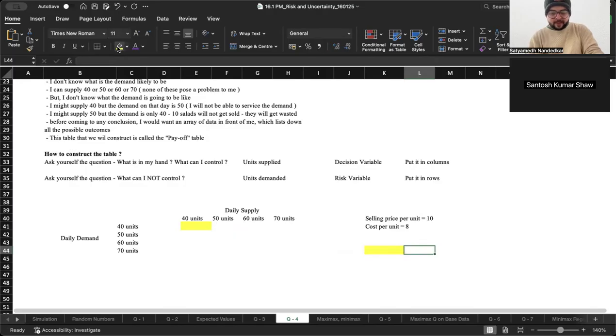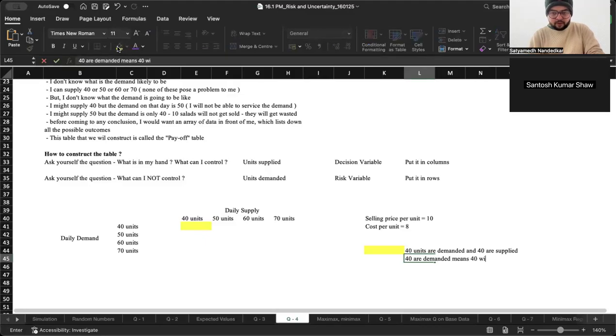Okay, this is 40 units are demanded and 40 are supplied. Now, if 40 are demanded, 40 are demanded means 40 will be sold, correct? So, revenue will be 40 into 10, that is 400. Okay.